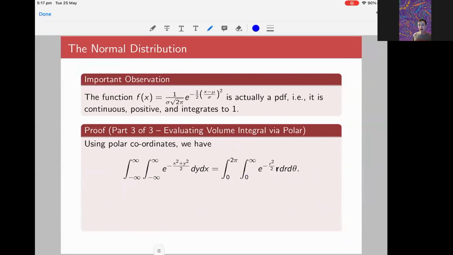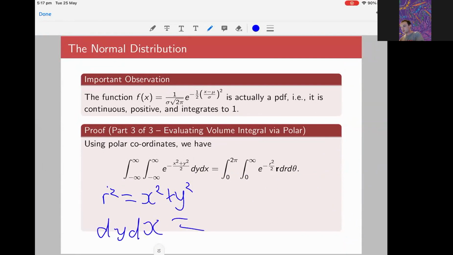So remember how we convert to polar coordinates? We have r squared equals x squared plus y squared. And remember, dy dx is not just equal to dr d theta, but it's equal to r times dr d theta.